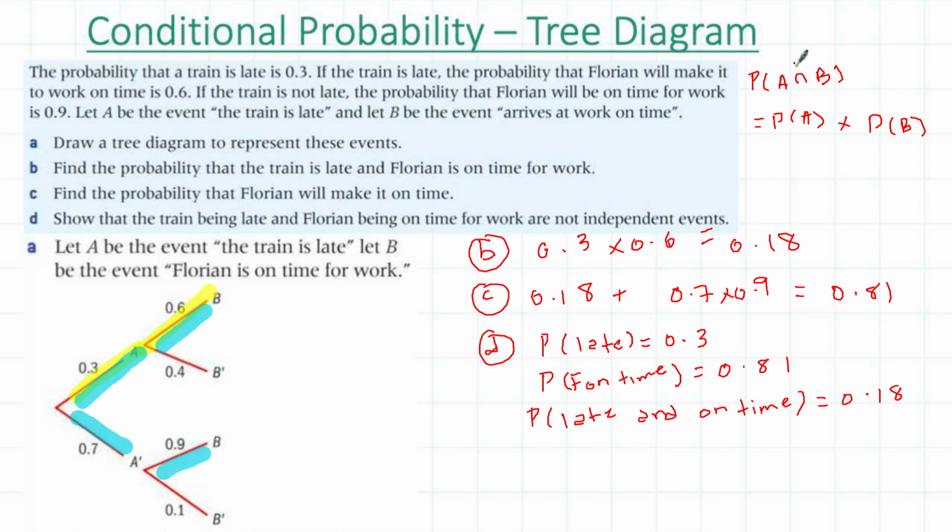So I have these individually. But I just want to check if I multiply these individually, does it give me the intersection? That's how you prove two events are independent. And if I actually take 0.3 and multiply with 0.81, it does not give me 0.18. So this proves that they are not independent.